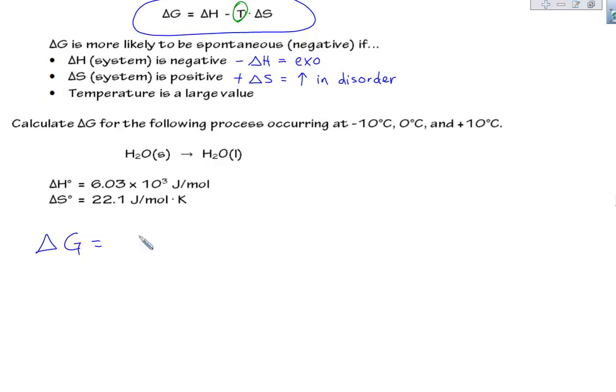We can just use this straight up as 6.03 times 10 to the third joules per mole. And we only have 1 mole in our balanced equation, so that is just fine. This should be endothermic. Ooh, interesting. Endothermic typically means not spontaneous.